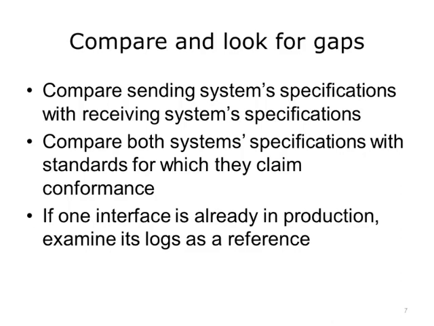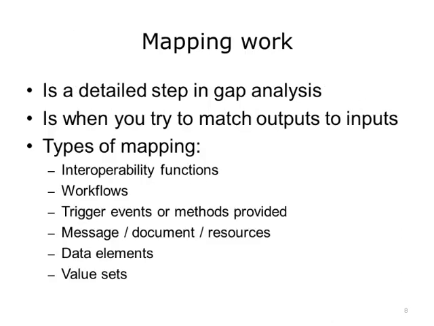If some of the interoperability capabilities are already in production, then looking at the live capability on that system would be helpful. For example, studying actual messages from a live feed or sending test calls to an actual FHIR server. In doing these comparisons, there is often mapping work that must be done between systems.